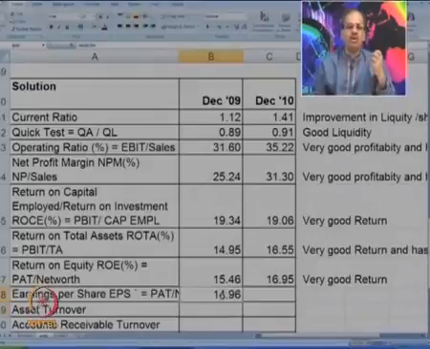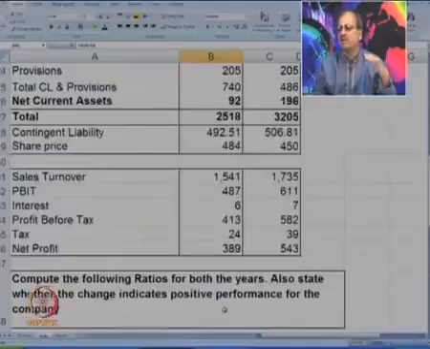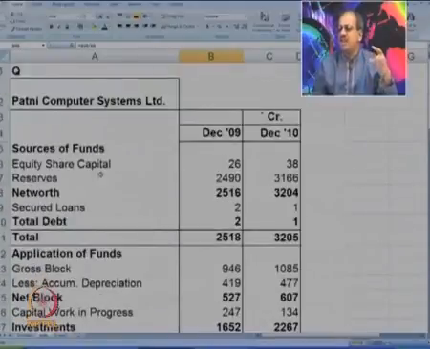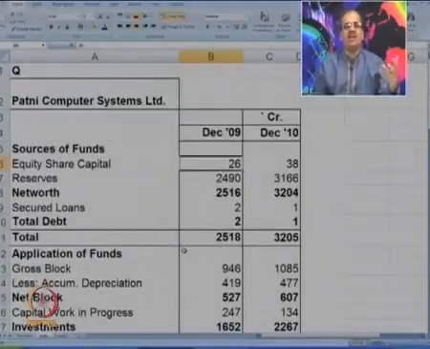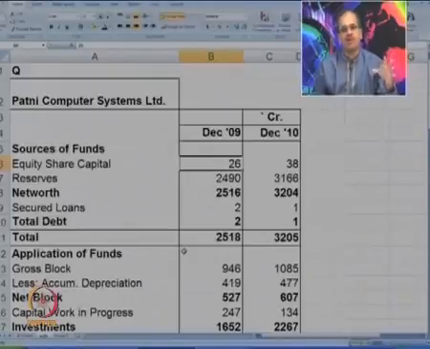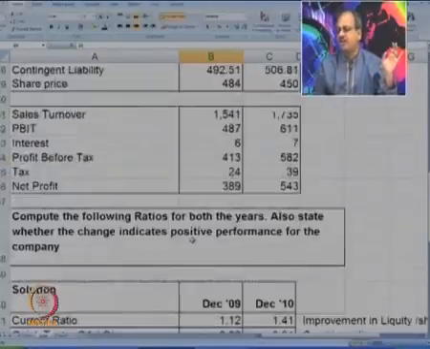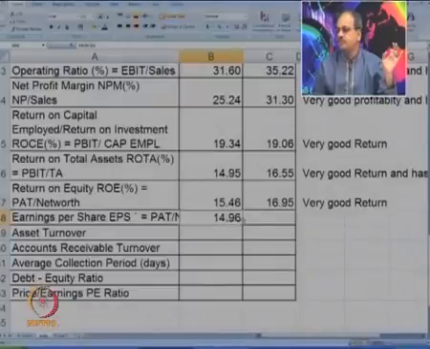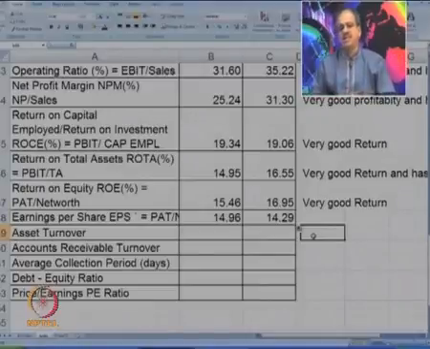Now, exactly we do not know the number of shares, but if we assume that each share is of 1 rupee, whatever is the equity share capital, same will remain the number of shares. So, we are dividing by equity share capital. If you know the number of shares, you will take that in the denominator. So, you can see more or less it is same.